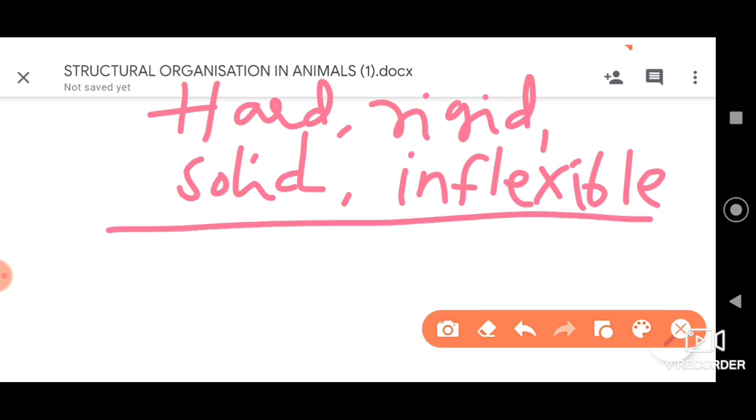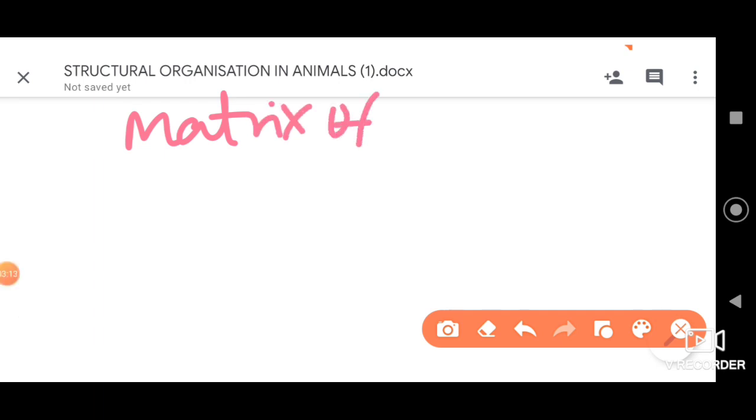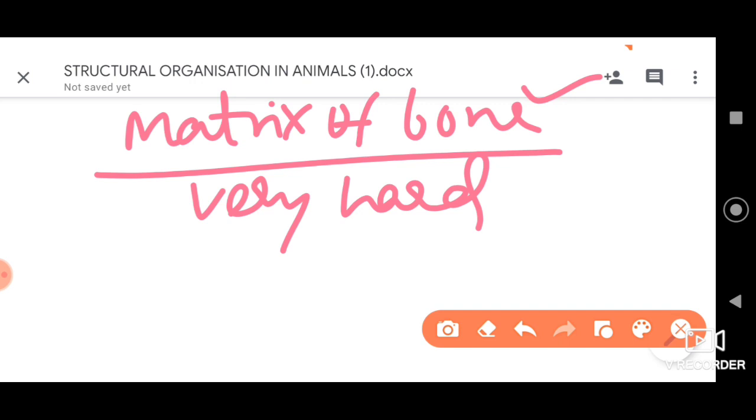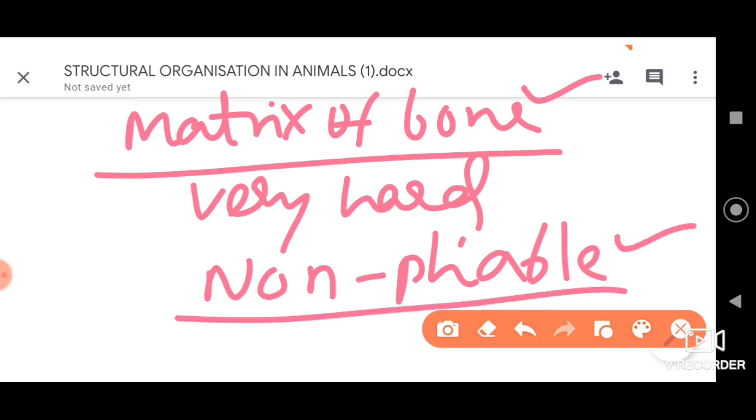Furthermore, let me tell you that the matrix of bone is very hard. Why is it very hard? It is very hard and also non-pliable. We had discussed the word pliable when we were talking about cartilage, the first type of skeletal connective tissue under specialized connective tissues.